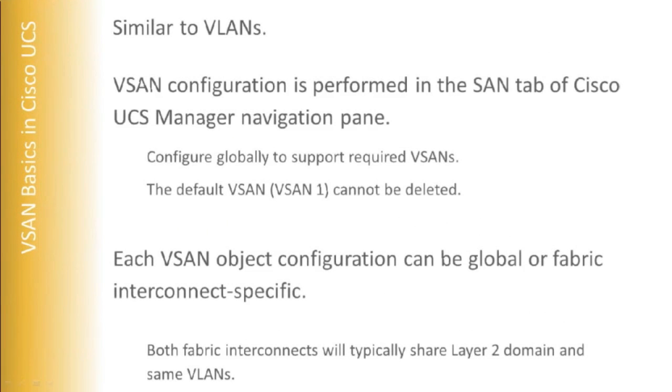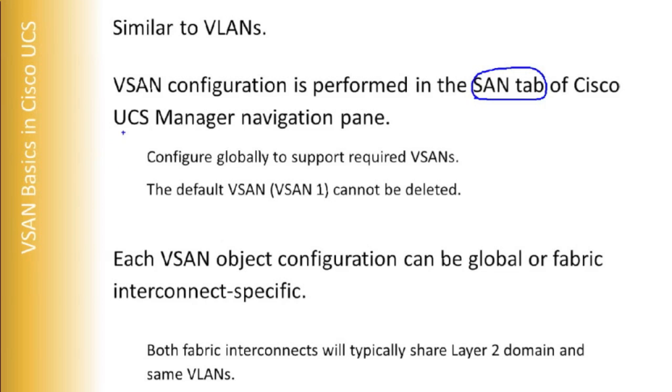Again, similar concept to our VLANs. We're going to go into the SAN tab of the UCS Manager, and we're going to globally create our virtual storage area networks. Very similar to our VLANs, we have a virtual SAN that is a default, and by default that's vSAN 1.